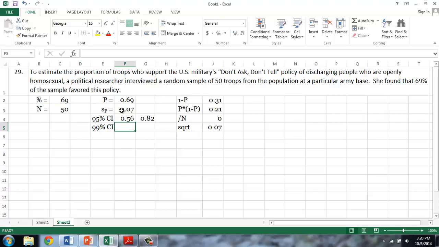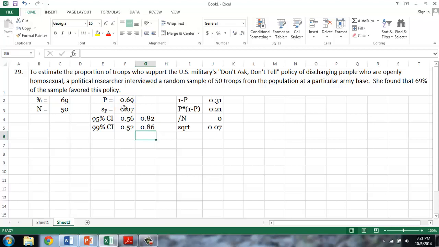For the 99% confidence interval, we do the same thing utilizing the z for a 99% confidence. So our lower limit is equal to our proportion minus 2.58 times the standard error, and our upper limit is equal to the proportion plus 2.58 times the standard error.